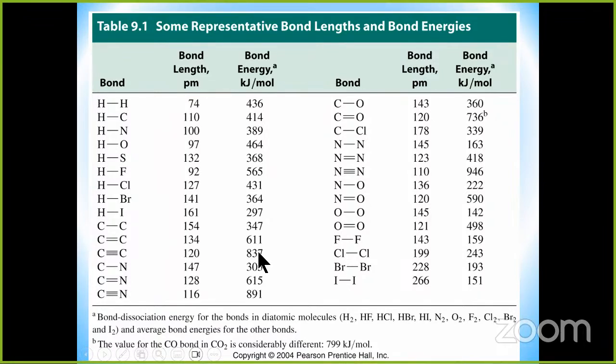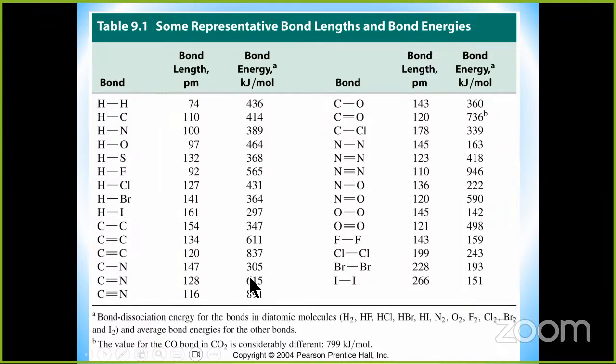So basically, the greater the multiplicity of the bond, the shorter the bond, and the greater the bond dissociation energy, all right? And you see that not only for the carbon-to-carbon bonds, but also carbon-to-nitrogen bonds, right? You see the same trend, carbon-to-oxygen bonds, nitrogen-to-nitrogen bonds. Wherever you have multiplicity, the bonds become shorter and more energy is required to break those bonds, right?